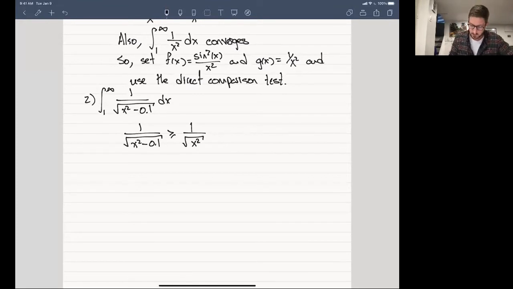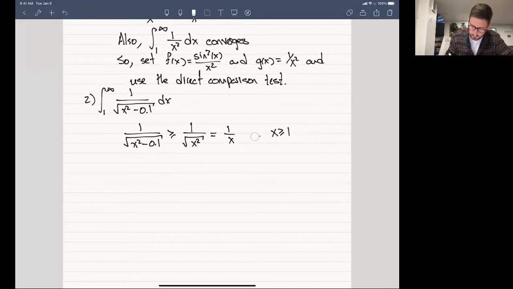And that's because the denominator in this case is going to be slightly smaller, making the fraction bigger, because I'm subtracting off the 0.1. But in the region where x is greater than or equal to 1, this thing is just 1 over x.